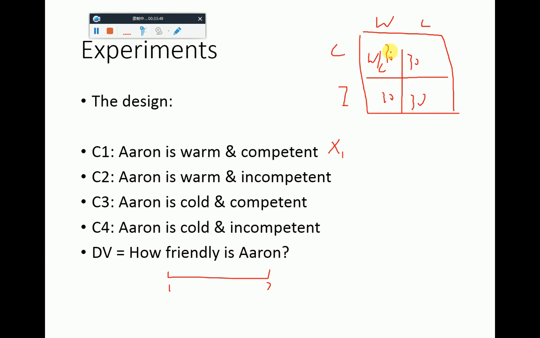So these 30 people provide 30 scores, and we can compute an average based on these 30 scores. So we have one score, a second score from the second condition, and two more scores from the remaining two conditions, right? And then we can compare in which condition they would perceive Aaron as the most friendly.